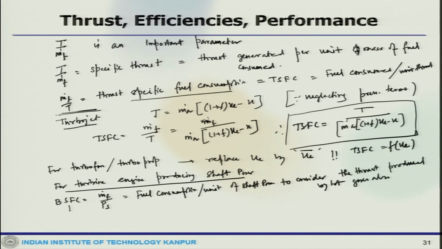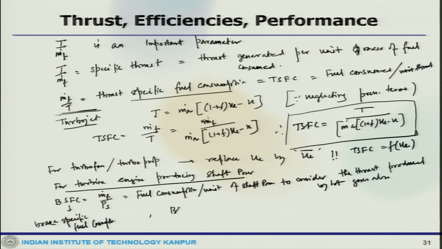So, BSFC stands for brake specific fuel consumption. Now, the equivalent brake specific fuel consumption.